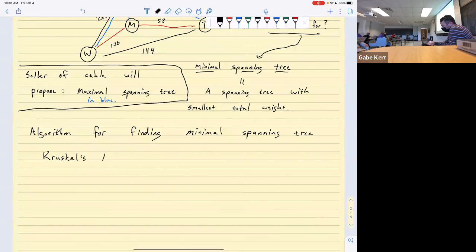I don't know anything about Kruskal. Seems like a nice guy giving us such a sweet algorithm. It's very similar to the cheapest link algorithm that we talked about before for finding Hamilton circuits.